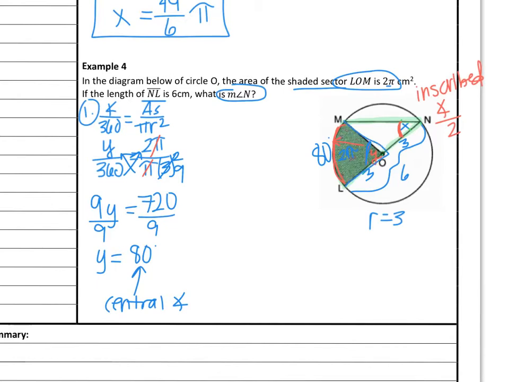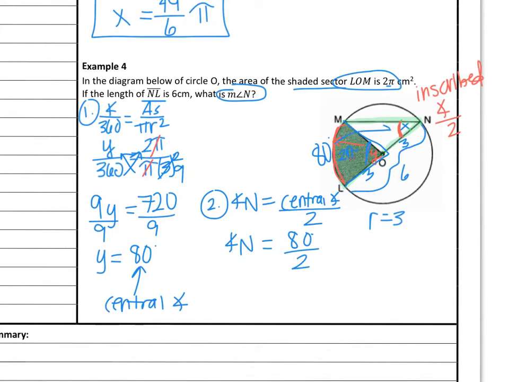Now, if we want to find our inscribed angle N, so angle N is equal to the central angle over 2. So angle N is just equal to 80 degrees divided by 2. Cut it in half to go back into your inscribed angle and get angle N is equal to 40 degrees.